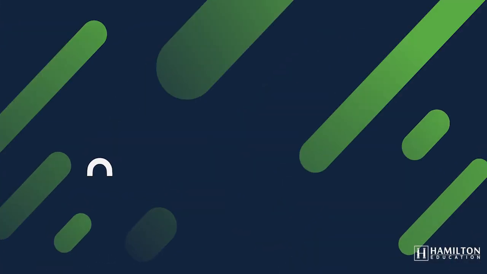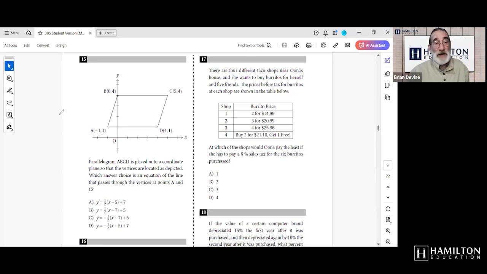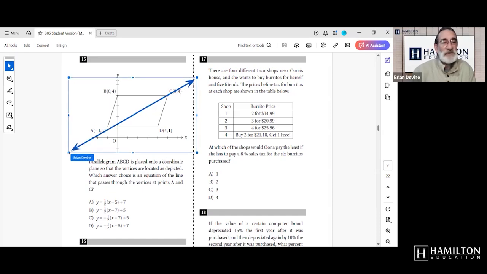Question 15. In question 15, we're given parallelogram ABCD placed onto a coordinate plane so that the vertices are located as depicted. Which answer choice is an equation of the line that passes through the vertices A and C? And so we want to know what's the equation of this line that goes through the 2 points where we know their address on those vertices right there.